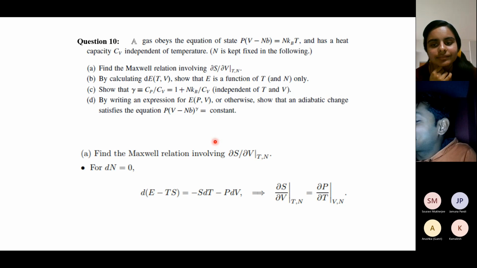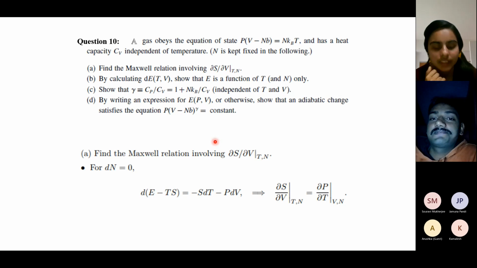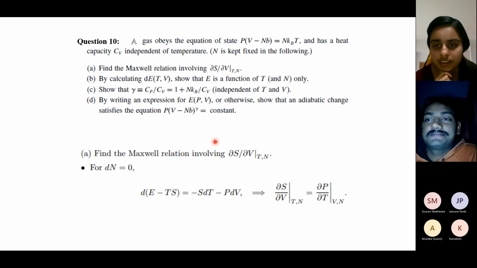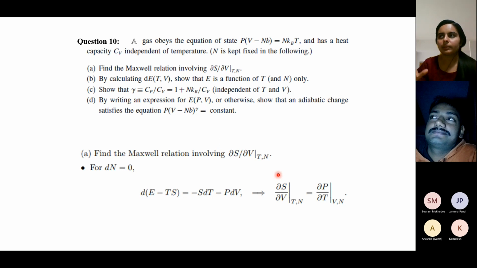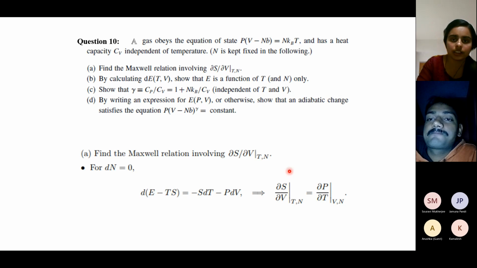Even for others, if you just go on thinking about Maxwell's relations and mechanically replacing one expression by another, that's not how it will work. You have to look at the question and then choose which Maxwell's relation, how to proceed, which substitution to do. Only then can you solve questions.